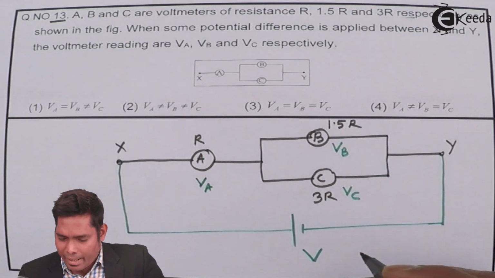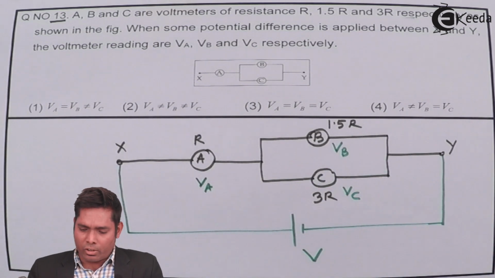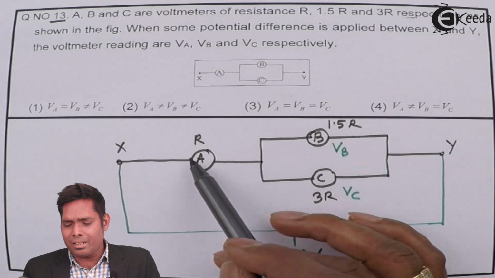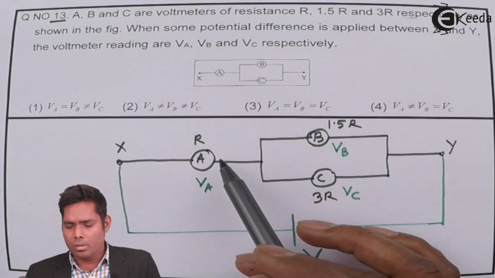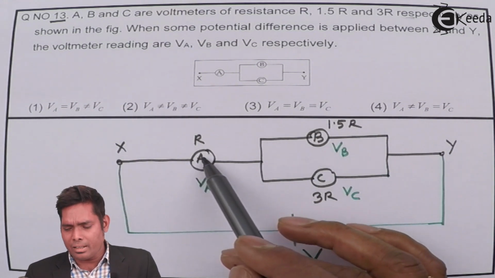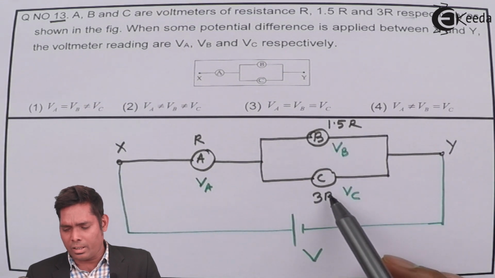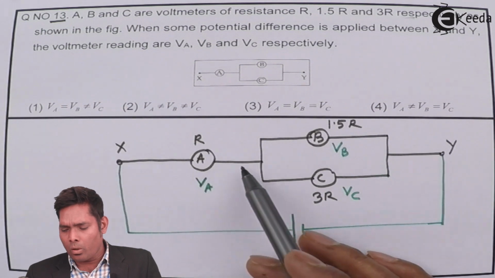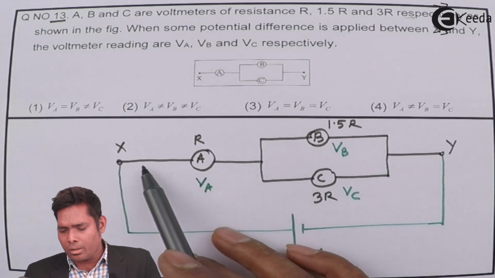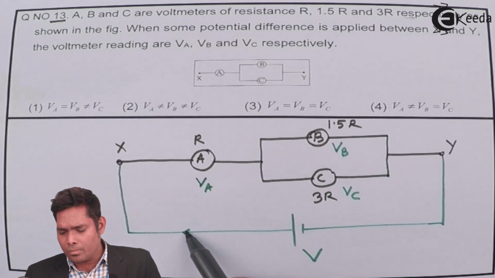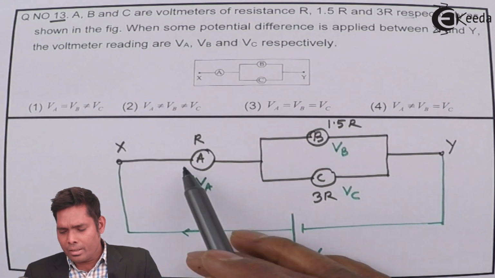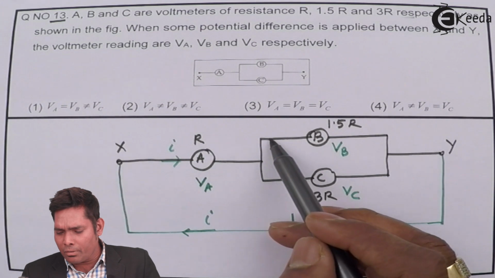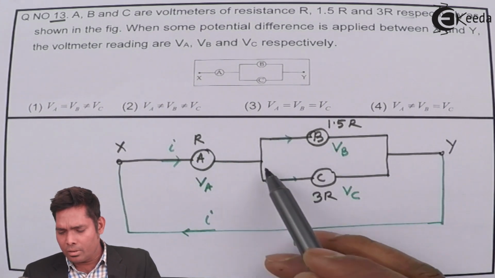Now instead of thinking about the voltmeter, we have to think about basically the resistance. If I have a resistance like R here, 1.5 R here and 3 R here, then how will the current flow? Suppose the current is I, the same current will flow through A, and there will be a division of current at this junction.